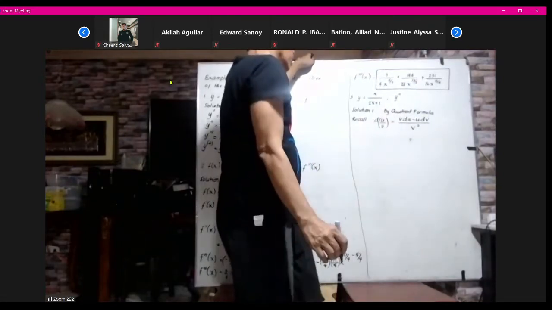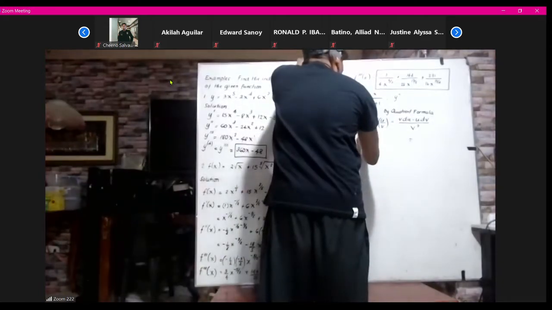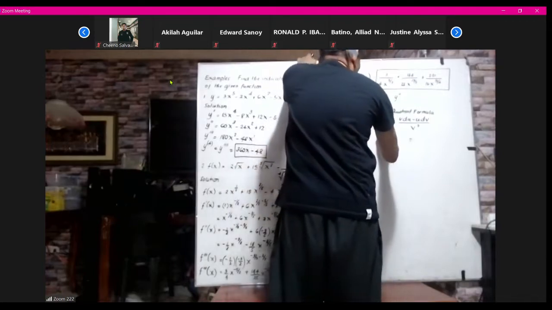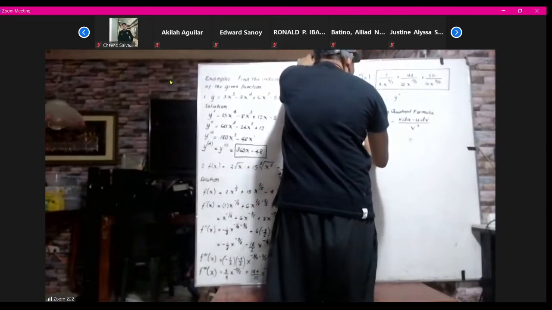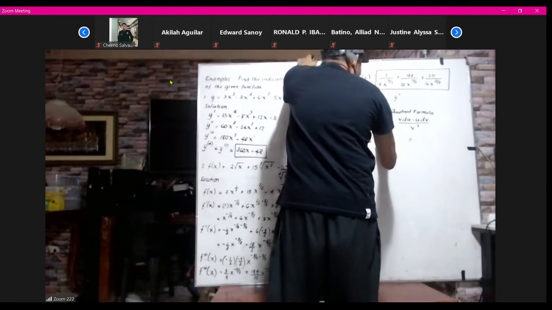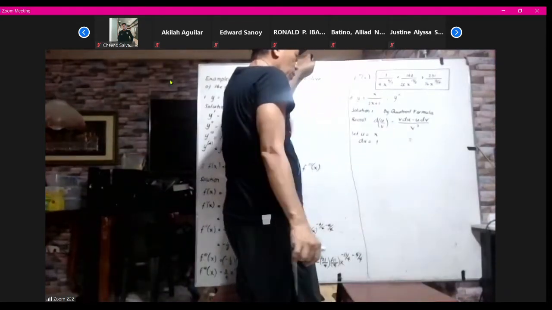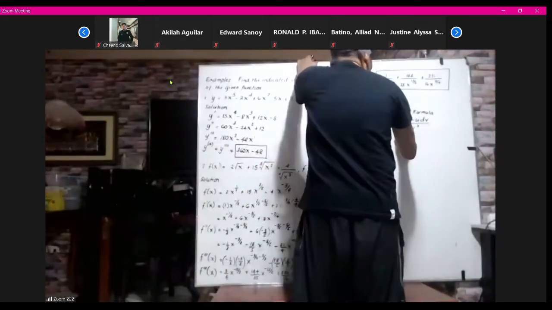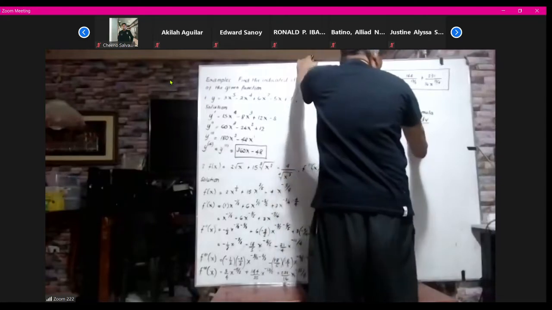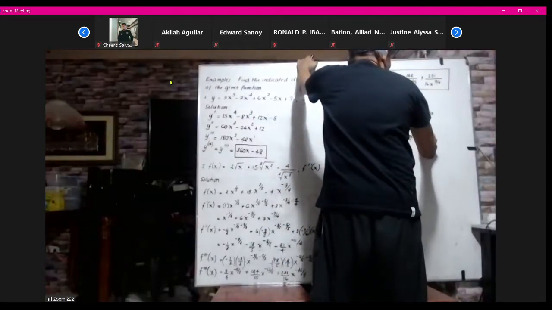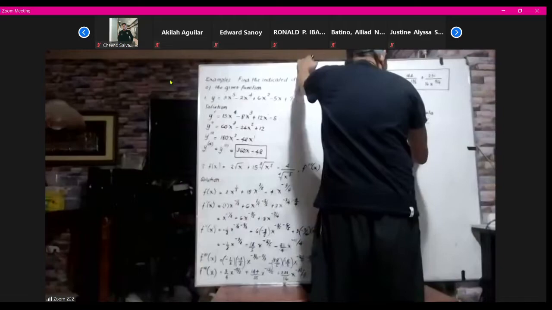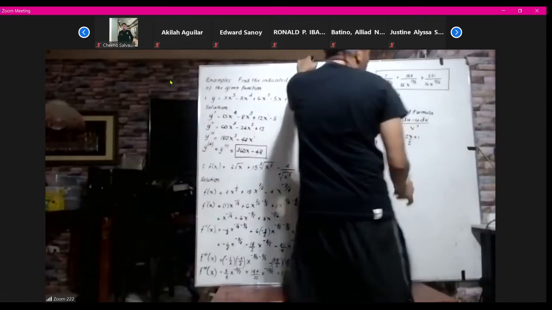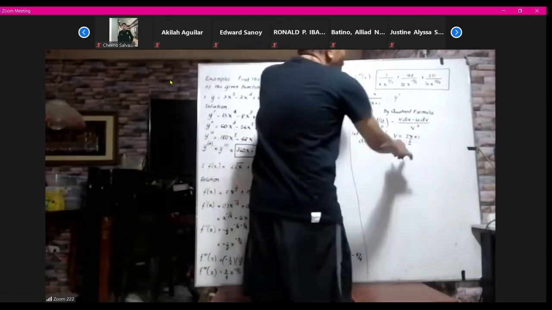Okay, so let u, ang value natin ng u ay yung x. Derivative of u is equal to 1 because derivative of x is equal to 1. Okay? Then, punta tayo dito sa v. Ang v natin ay 2x plus 1. Derivative of v is equal to, derivative of 2x is equal to 2 and derivative of 1 is equal to 0. So therefore, 2 na lang.